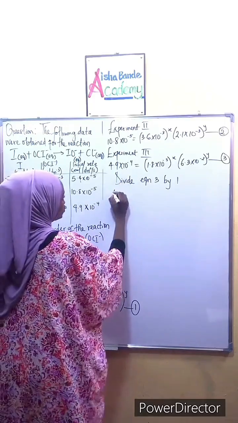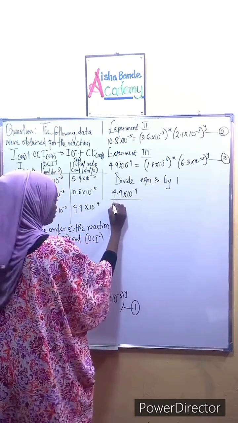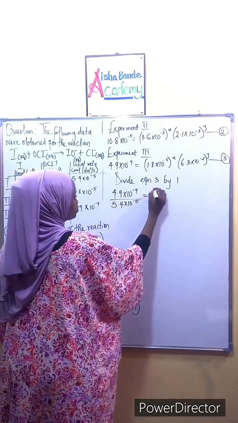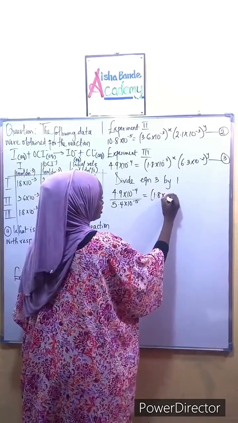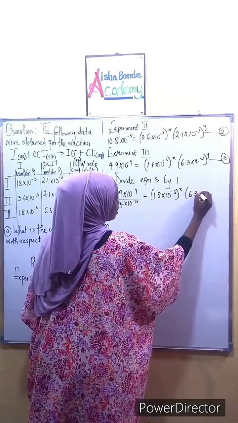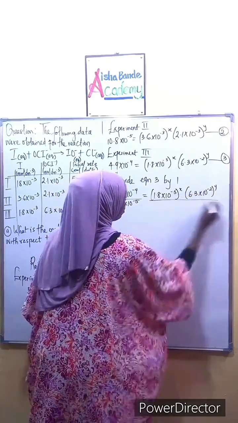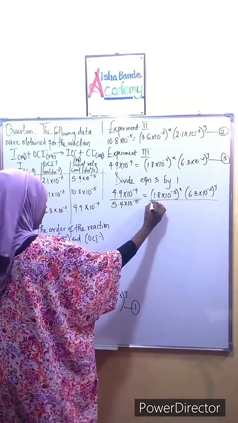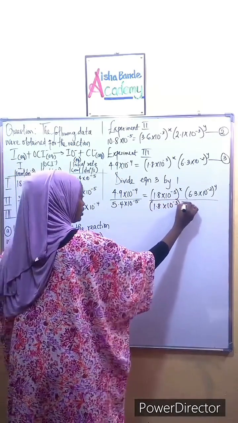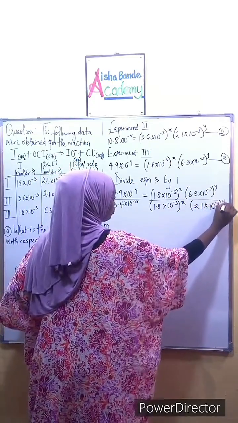This is our equation 3, which is 4.9 times 10 to the power of minus 4 divided by 5.4 times 10 to the power of minus 5, equal to the right hand side here, 1.8 times 10 to the power of minus 3 raised to the power of x, and 6.3 times 10 to the power of minus 2 raised to the power of y, all divided by what we have here in equation 1, which is 1.8 times 10 to the power of minus 3 raised to the power of x, and 2.1 times 10 to the power of minus 3 raised to the power of y.